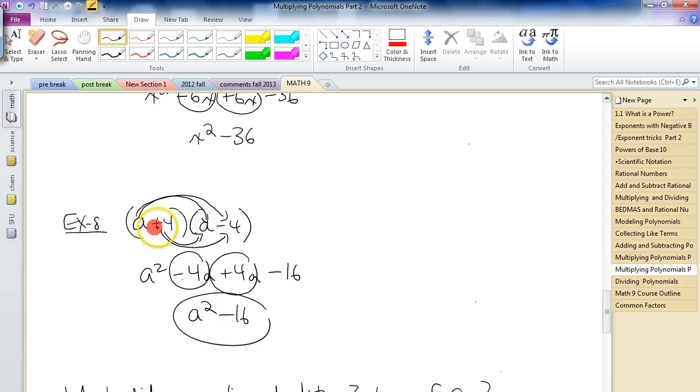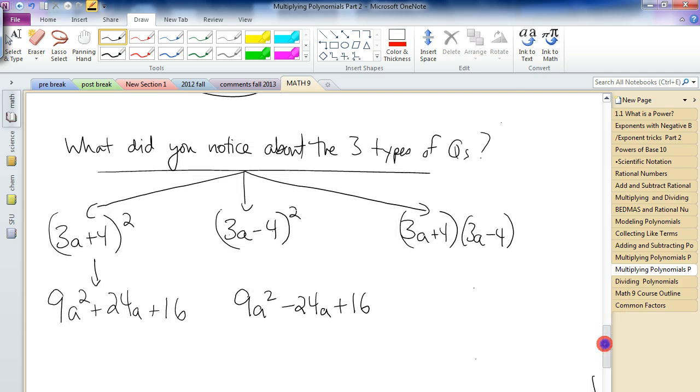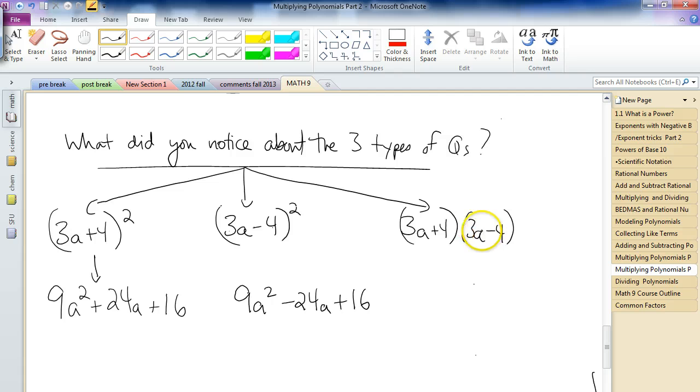So this one here again, when we see that we've got a binomial times almost the same binomial, they just have different signs, we know that the single variables, the a's in this case, are going to cancel each other out, and you're just left with the a squareds and the 4 times negative 4, negative 16. So for this one here, how would you do it?